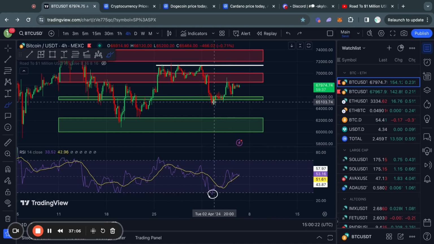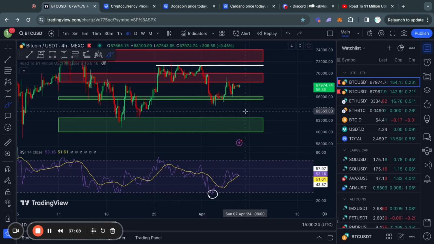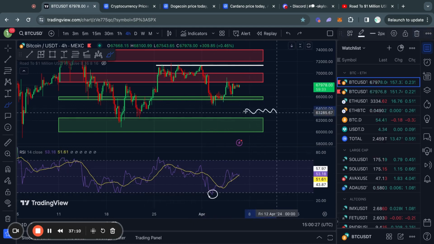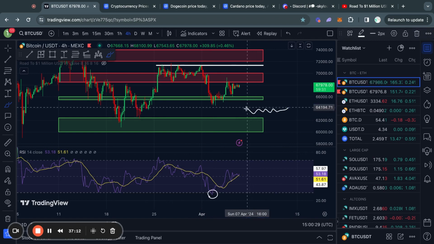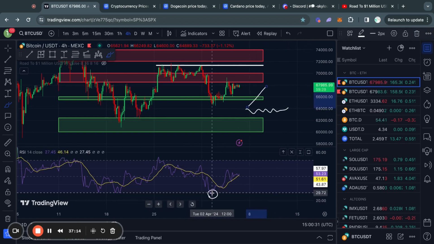And the way the RSI resets is by the price either chopping around sideways or the price going higher. So when the price goes higher, you see the RSI move up quickly. And when we are chopping around sideways, you see the RSI still trend up, but just more slowly.